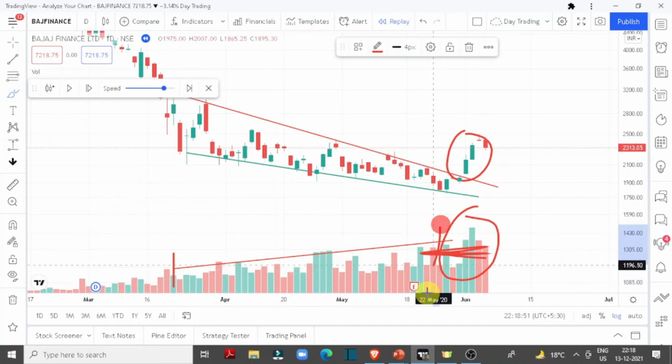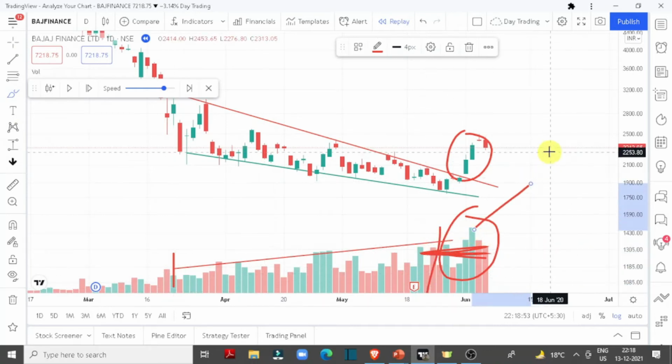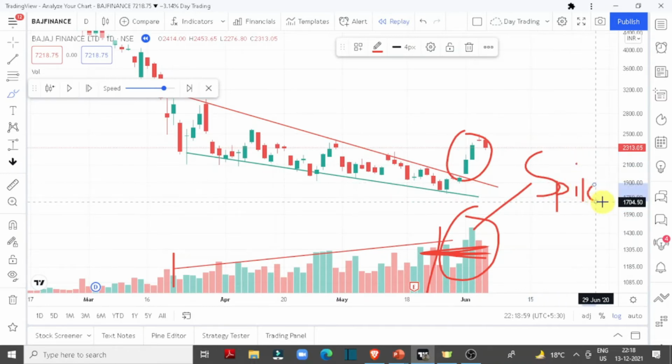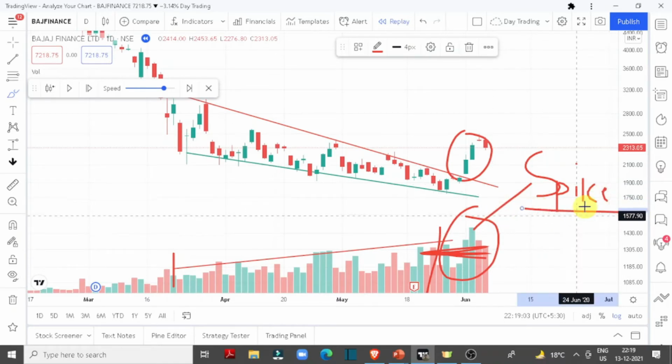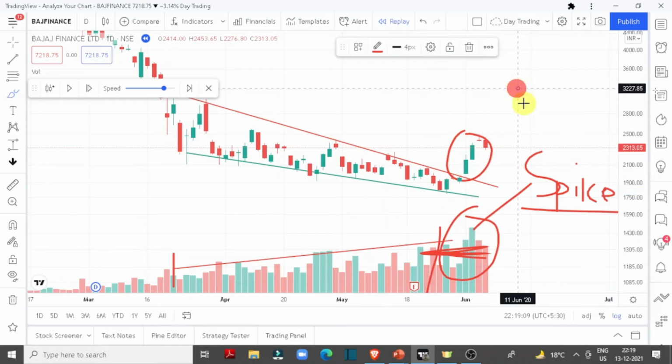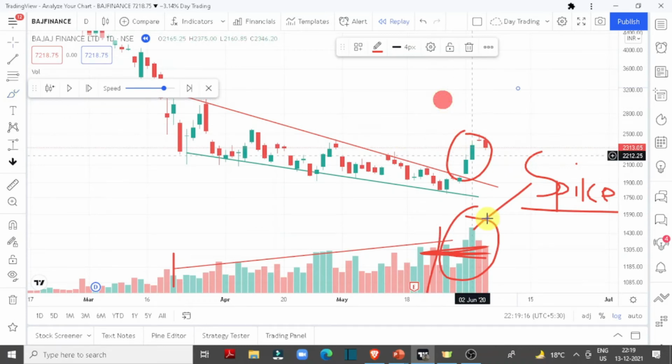This was accumulation, and this was the spike. I hope this is clear to you. So while this breakout happened, a spike occurred, and whenever this happens, we say that the trend is good. The breakout which has occurred very recently is a good, real breakout, and we should trade upon that. So this is another method which you can use to trade the markets.